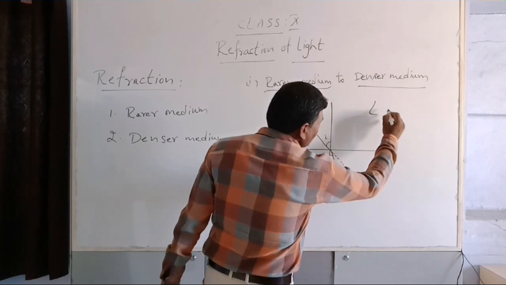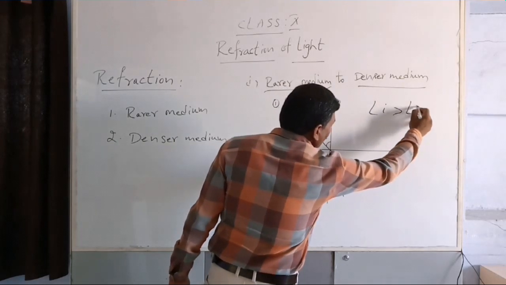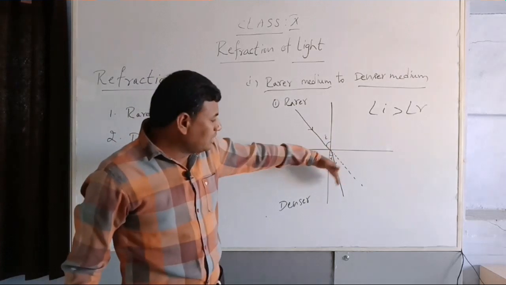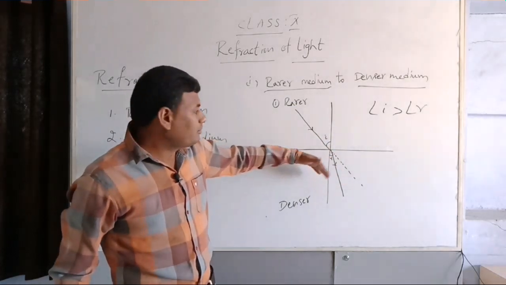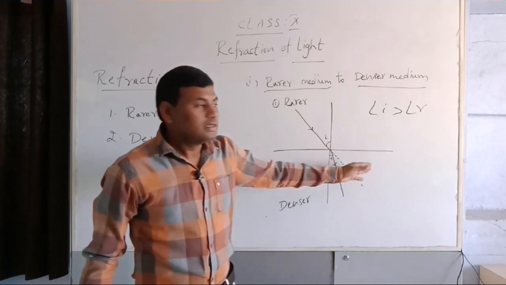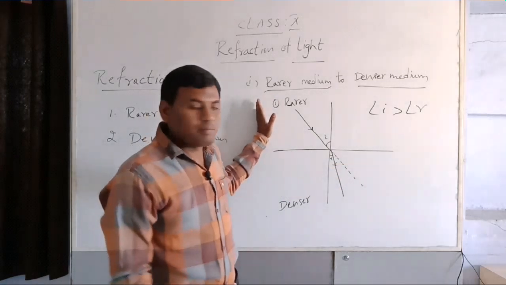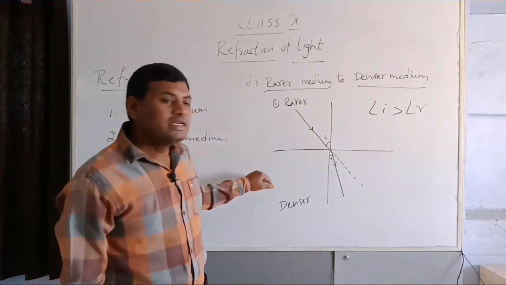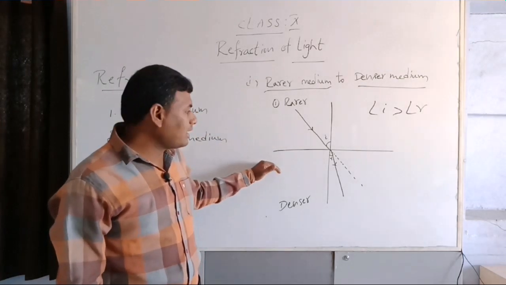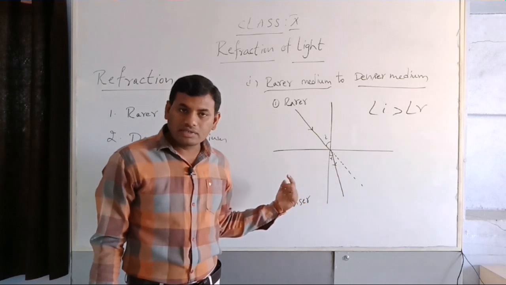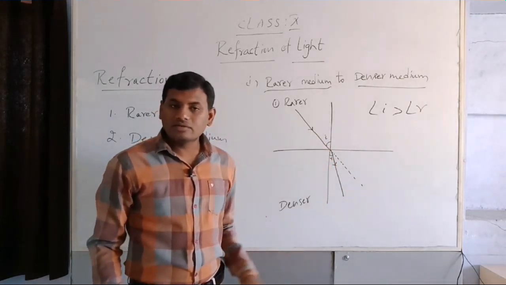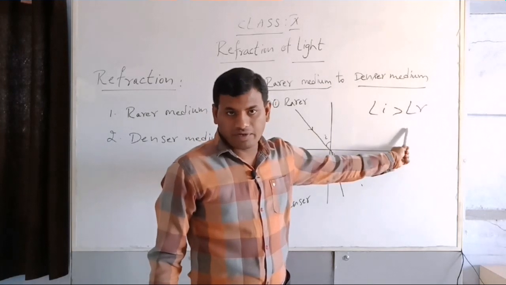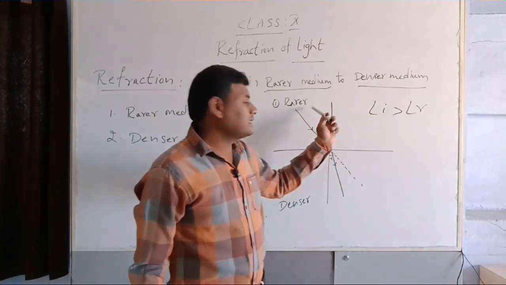So that is, angle I is greater than angle R, because it is bending towards the normal with a change in speed of light. So the two conditions we have to remember: when light is entering from rarer medium to denser medium, speed of light decreases and the light ray bends towards the normal, and angle of incidence is always greater than angle of refraction. So this is the first condition.